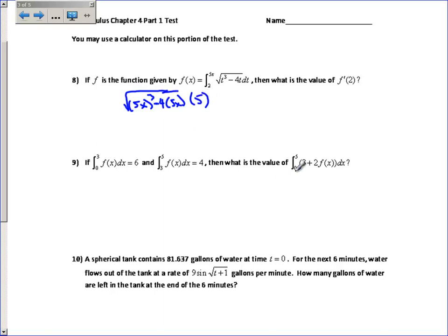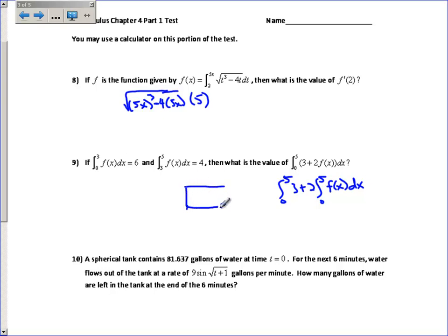Next question, the value of an integral. This is properties of integrals. So I need to do the integral from 0 to 5 of 3 plus 2 times the integral from 0 to 5 of f. I had a question like this on your quiz that a lot of you missed. I think it was on the first page, bottom right. But the integral from 0 to 5 of 3 is, I've got the line y equals 3 from 0 to 5.